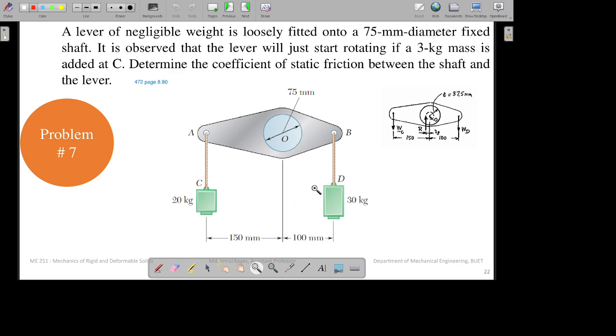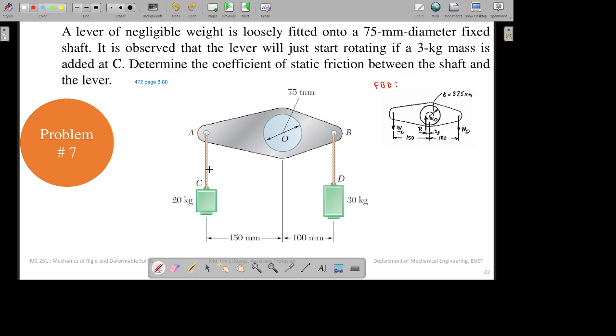So as you can see over here, the free body diagram of this system will be like this. When you add a 3 kg mass over here, it will start rotating like this.